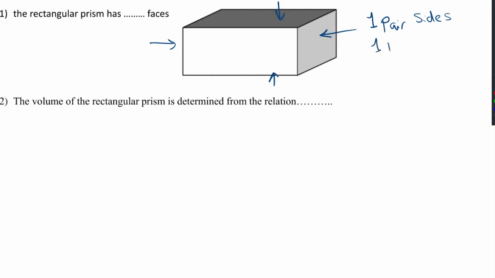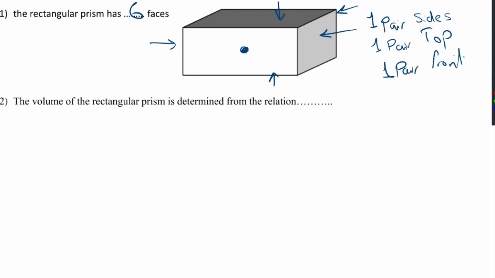We can say one pair of top and one pair also of front. This is front and back. So we have 3 pairs. Each pair is 2 faces, so we have 6 faces.